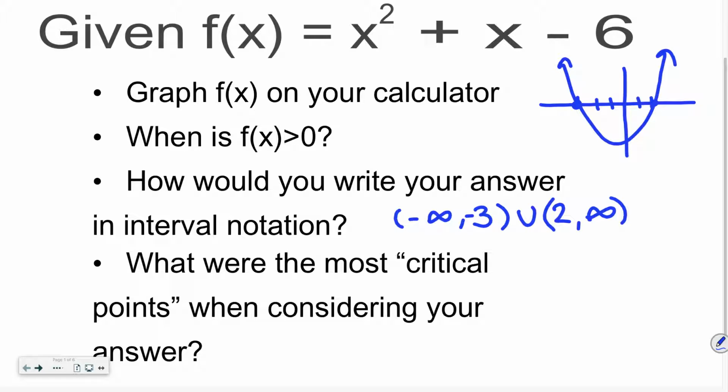Like, what was the separation? The x-intercepts. And why were those so important, Gabe? Because those are what tell us zeros, and it's going to go through that. Okay, that's what's separating positive from negative, right? Our x-intercepts.